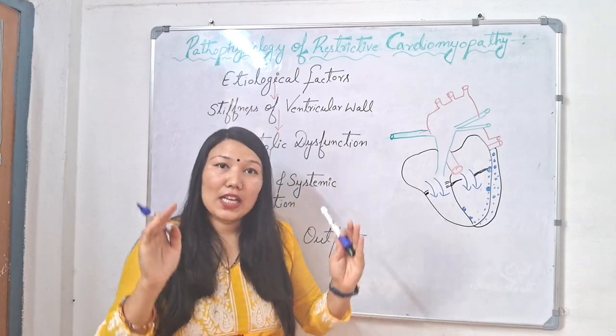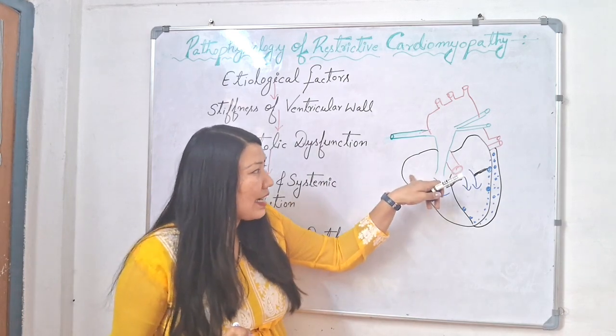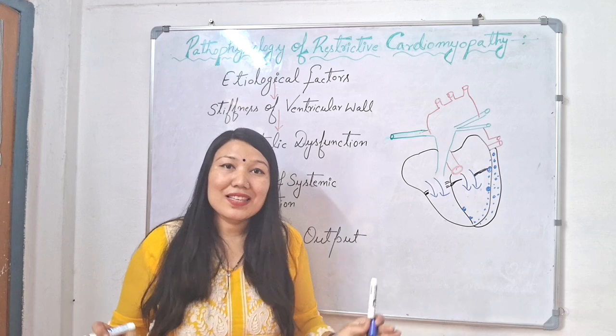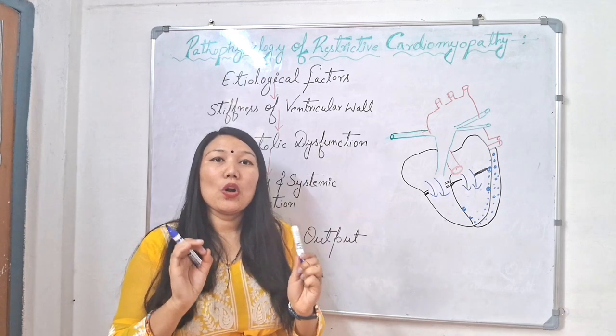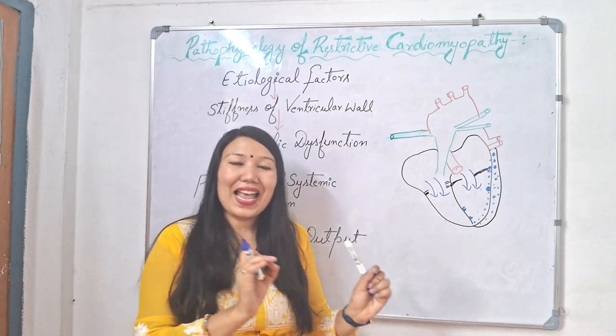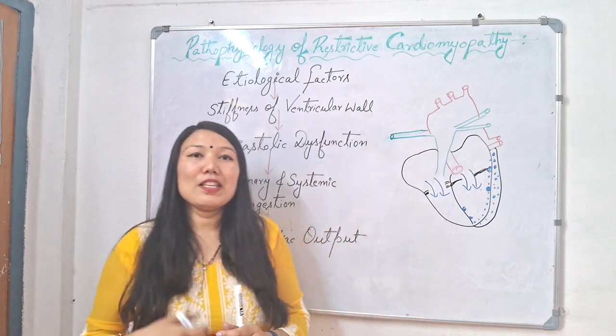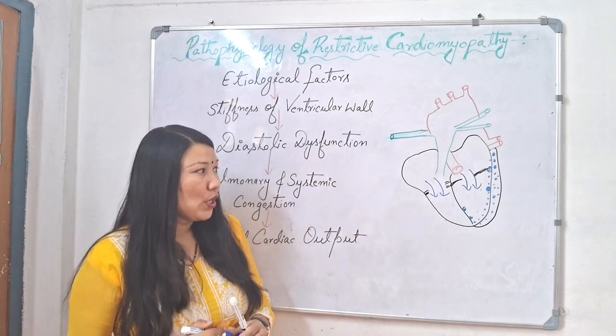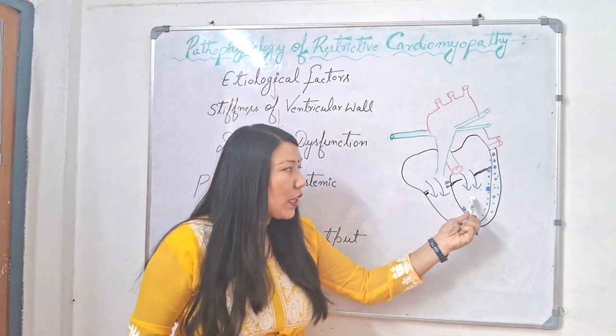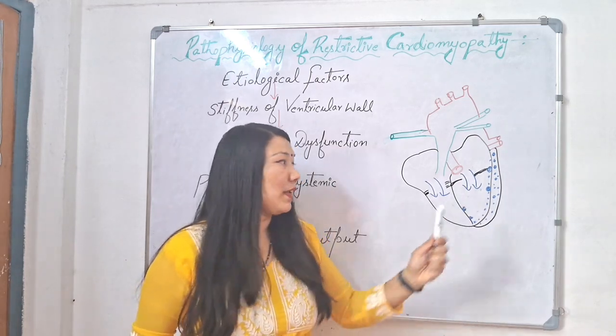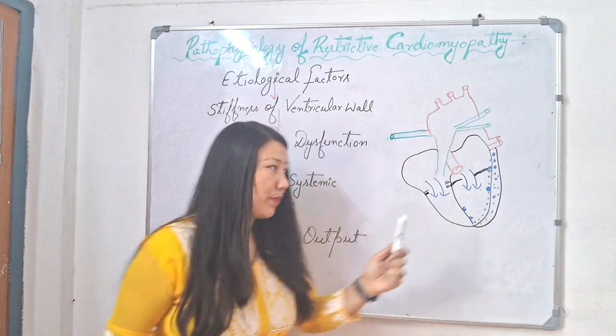From the right atrium the blood will go into the systemic circulation into our whole body, and there will be ascites seen in the abdomen, there will be hepatomegaly, or there will be swelling in our whole body. Okay, so there is diastolic dysfunction, there is a relaxation problem in the chamber of the heart.